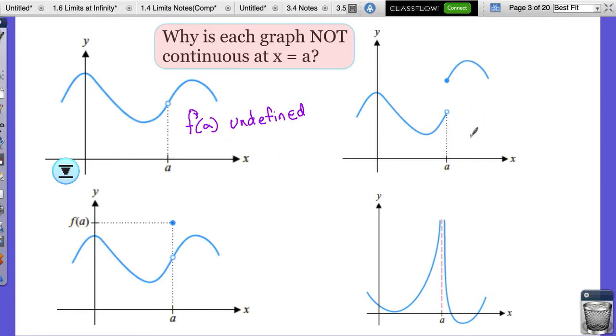All right, what about the one to the top right? Why is it not continuous? The limit doesn't exist. The limit of the function as x approaches a does not exist.